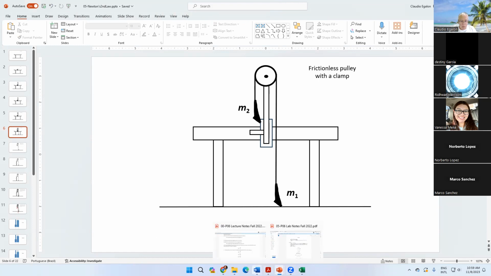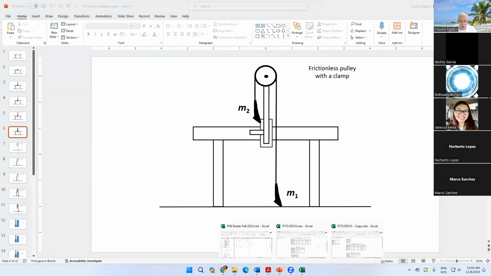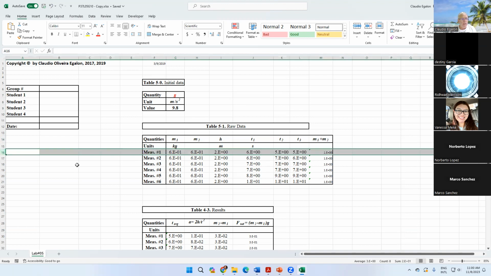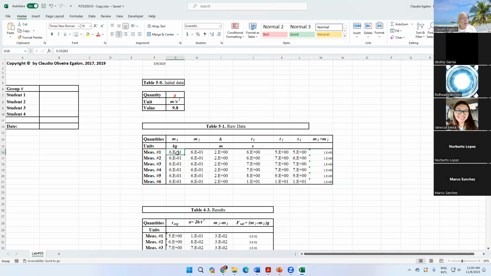And now we can start talking about our tables here. Do you see here M1 and M2? We're going to need g. The g is already given, 9.8 meters per second squared. And here you go, M1 and M2. I loaded the left side in this first measurement with a mass of 552.6 grams, and the other side 581 grams.